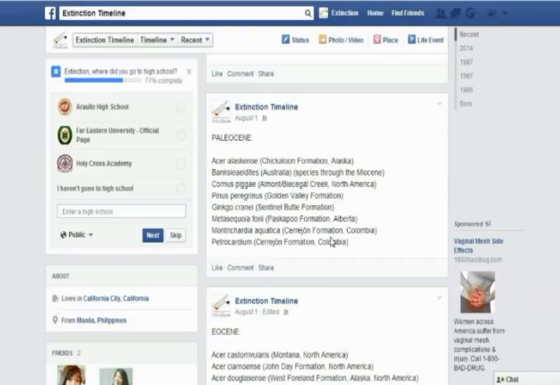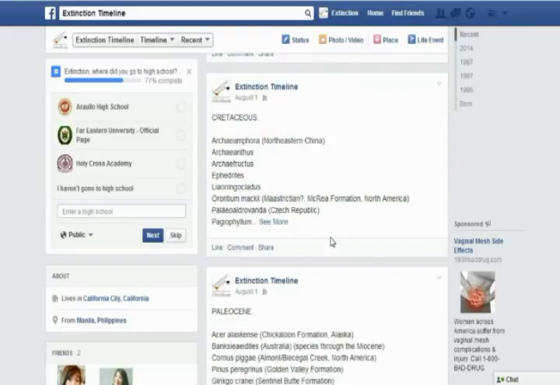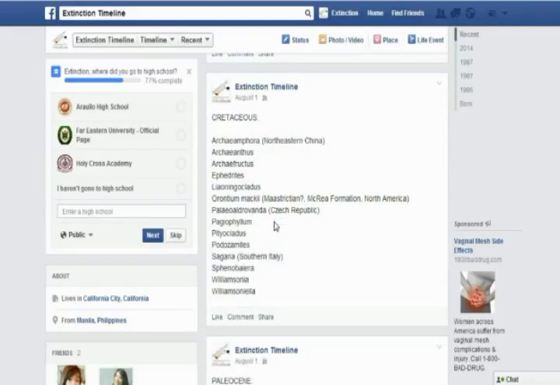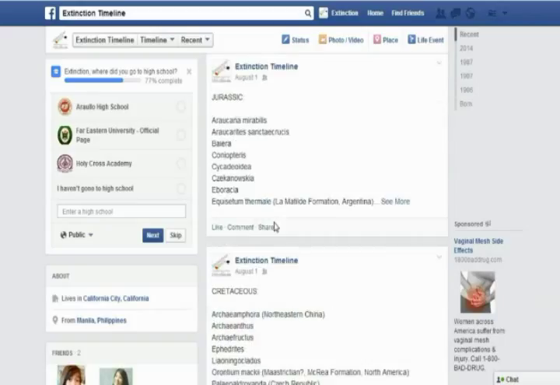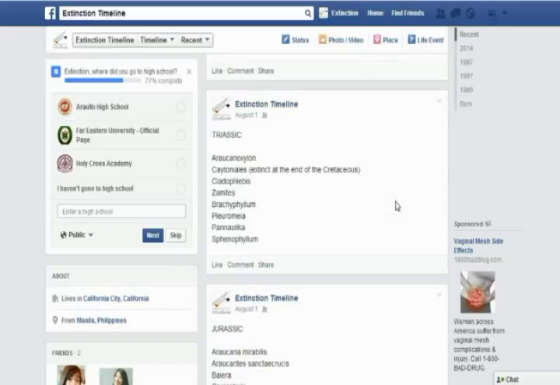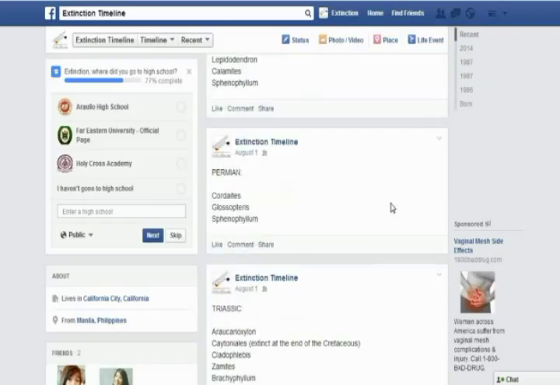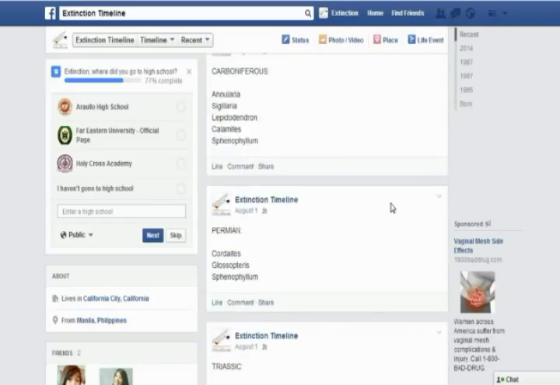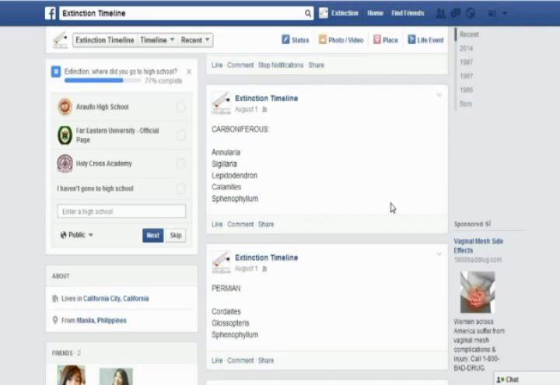Paleocene. Cretaceous. Jurassic. Triassic. Permian. Carboniferous.